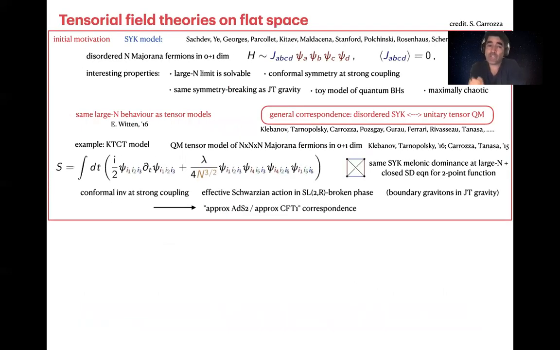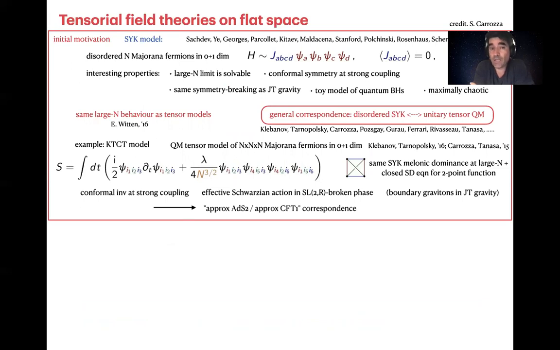The initial motivation for this type of models comes from the SYK model, studied by many people. It's a system of n disordered Majorana fermions in 0 dimensions, just time, temporal direction. It is a very simple system, but with interesting properties.